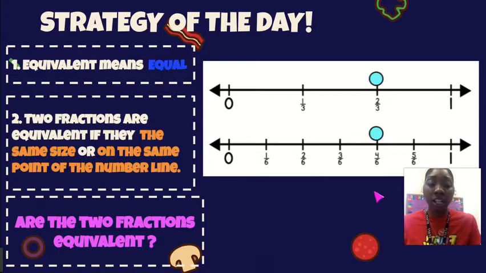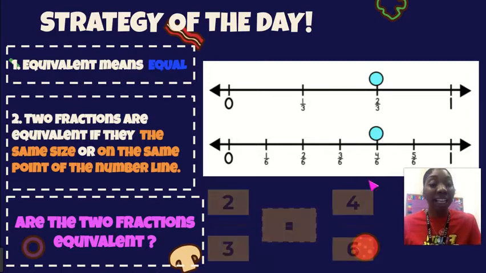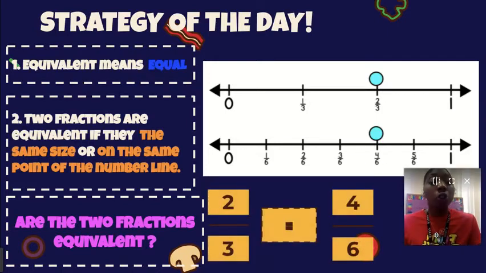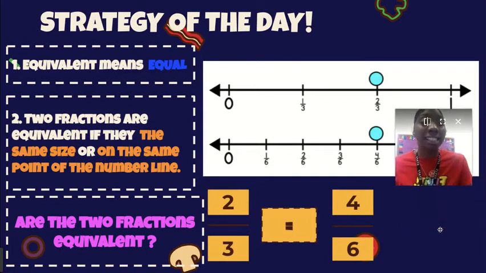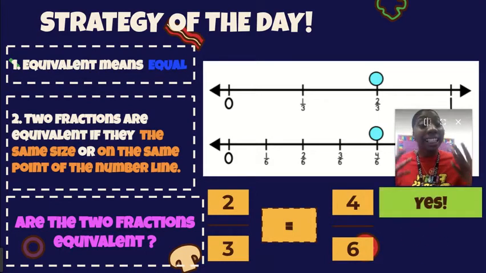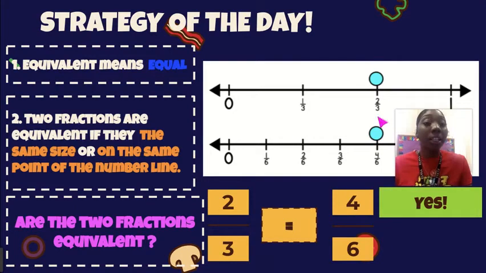If we look at this number line, are the 2 points lined up together? Yes. So 2/3, is it equal to 4/6? Yes, absolutely. Because if we look at our number line here, they are lined up in the same point. So that means they are equivalent fractions.